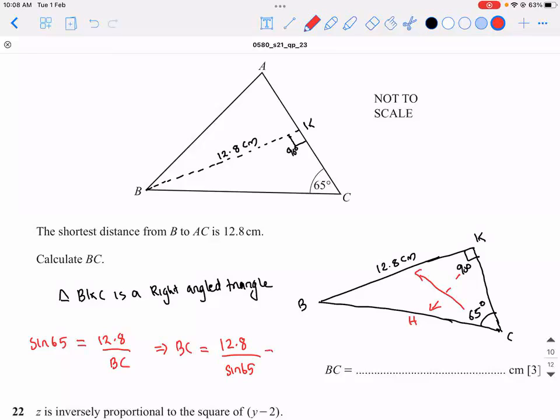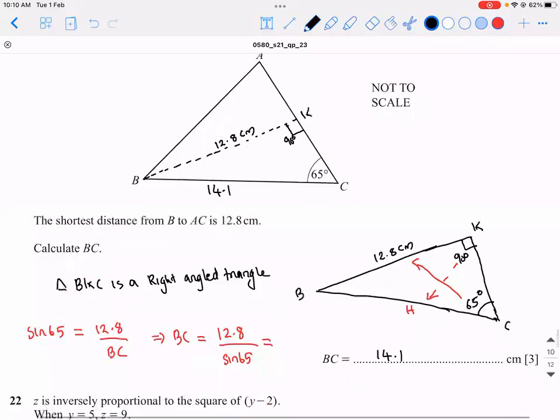Please calculate this, and you can round to 3 significant figures. So what is your answer? 12.8 by sine 65. The answer must be 14.1 centimeters.